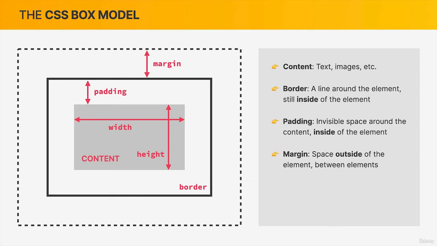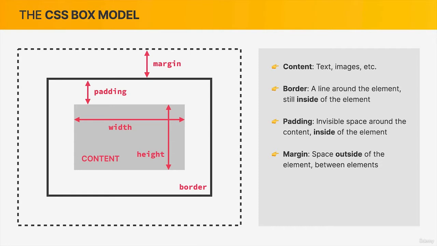So in practice, we use margin in order to create space between elements on our page. So if, for example, we want space between two certain elements, we simply specify the margin property on one of them. So again, padding is empty space that we can add inside of any element.